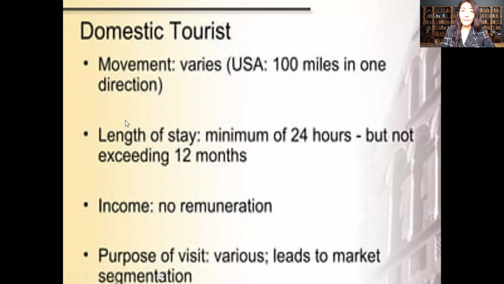Here we can say domestic tourism moves in various ways. It can be a not so long destination, and also varies in length of stay. It can be from 24 hours up to less than 12 months. Income can be different.